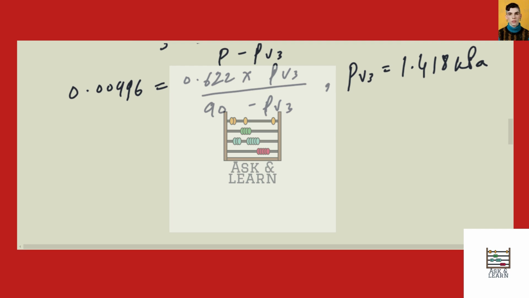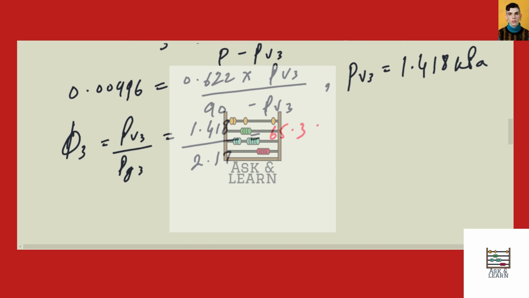Then we can use that to calculate the needed relative humidity, that is phi3, and dry air pressure, that is PA3. So we have phi3 is equal to PV3 divided by Pg3, is equal to 1.418 divided by 2.17, is equal to 65.3%.